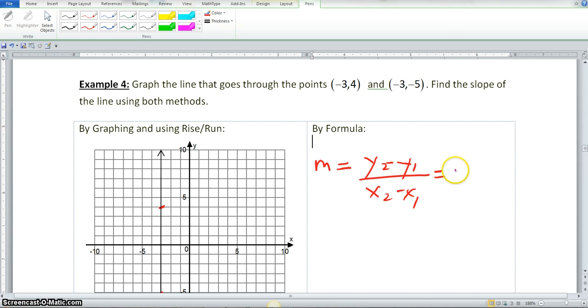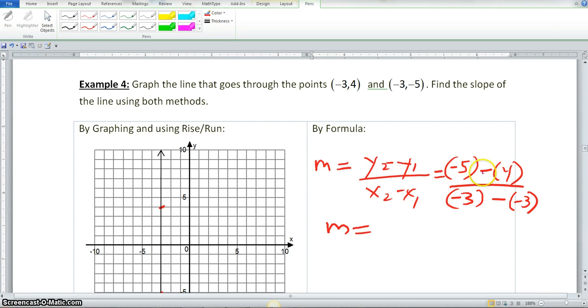Now y sub 2 is negative 5 minus y sub 1, which is 4, all over x sub 2, which is negative 3, minus x sub 1, which is negative 3. Now we have negative 5 minus 4, which is negative 9, and negative 3 minus negative 3 will give us negative 3 plus 3. So this is negative 9 over 0, which is undefined.